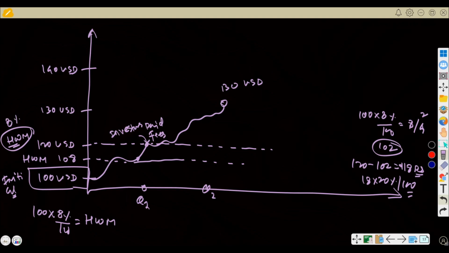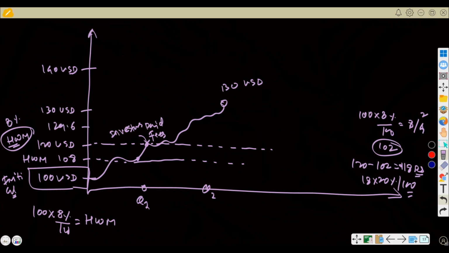Calculate 120 into 8% divided by 100. It's 9.6. So around 129.6.